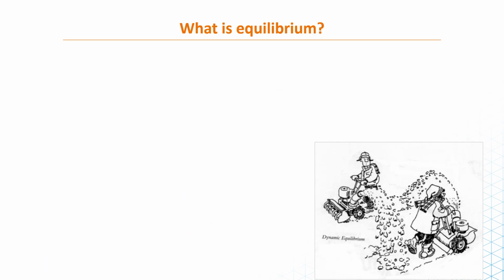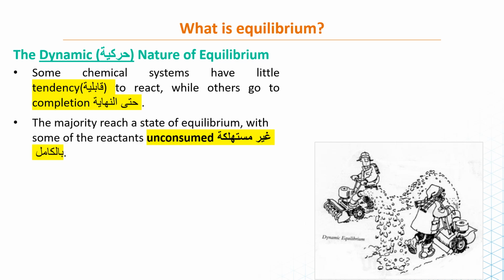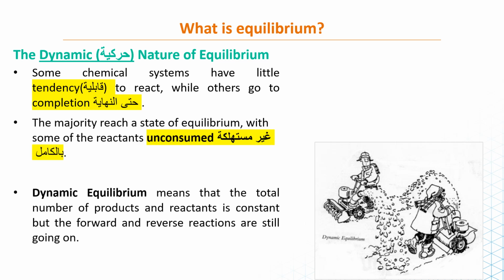Okay, guys, I'll let you read this on your own, but in general, when you reach equilibrium, it's called dynamic equilibrium. ليش؟ لأن التفاعل الأمامي والعكسي لسه شغالين، لسه في حركة. That's the meaning of the word dynamic here. Okay, so dynamic equilibrium means that the total number of products and reactants is constant, but the forward and reverse reactions are still going on. Okay?